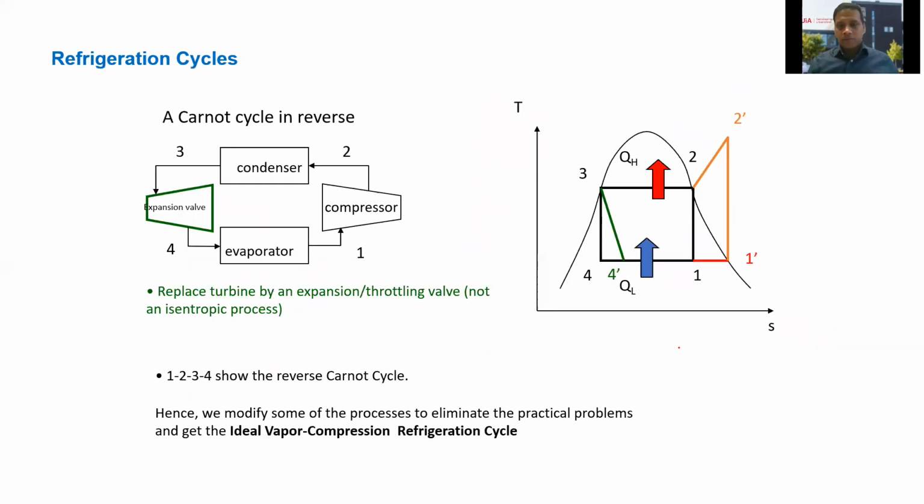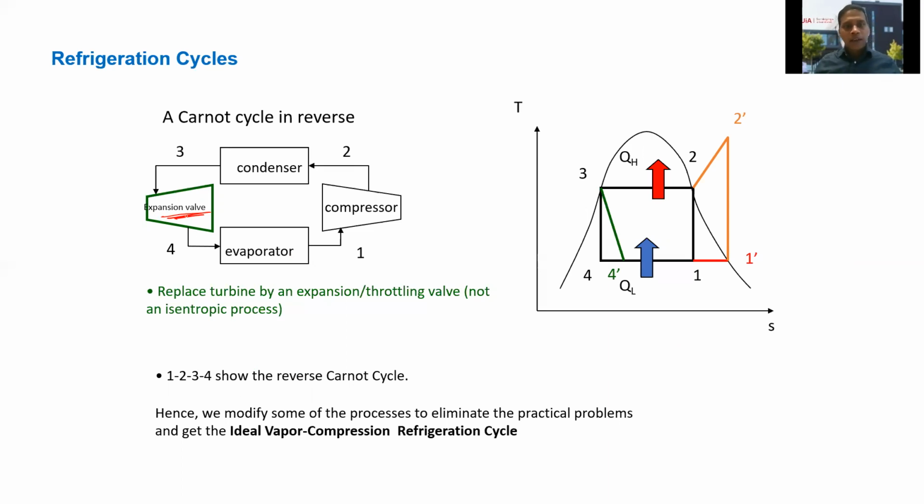As I mentioned in an earlier slide, this refrigeration cycle is a kind of reverse Carnot cycle. In the Carnot cycle, you use a turbine, but here the turbine is replaced by the expansion valve. This is the only change between the refrigeration cycle and the Carnot cycle.